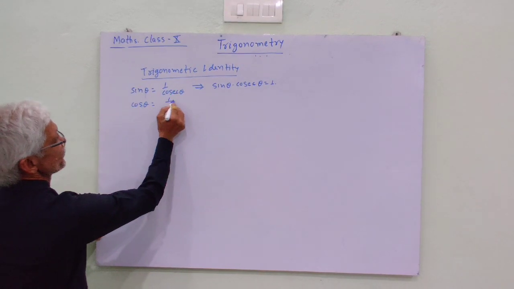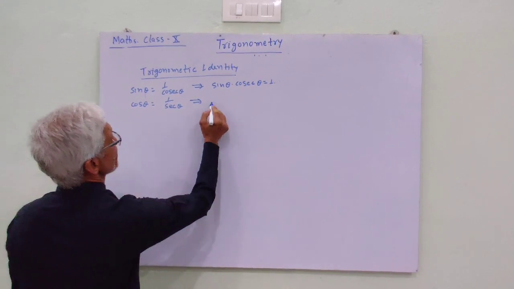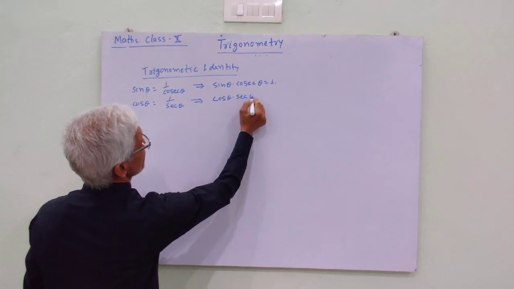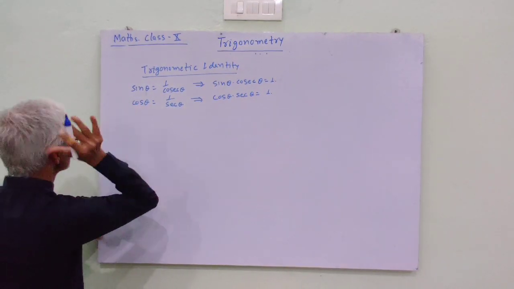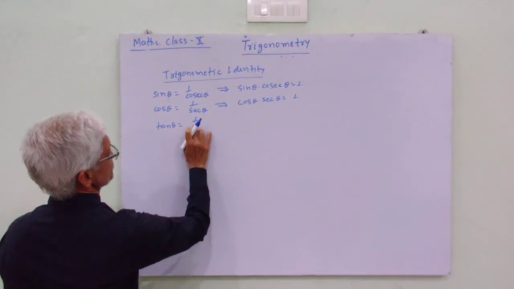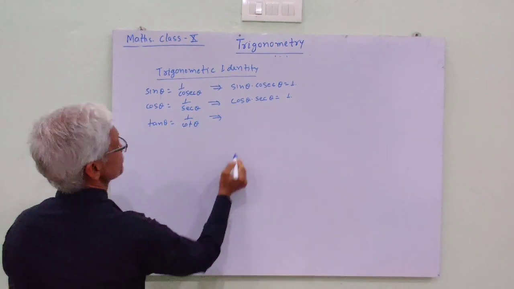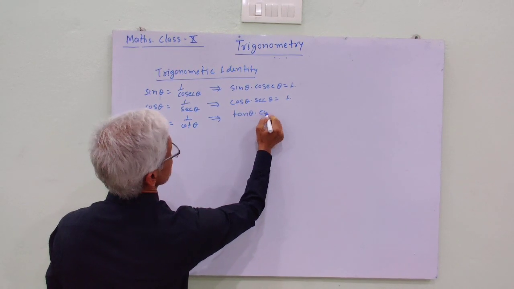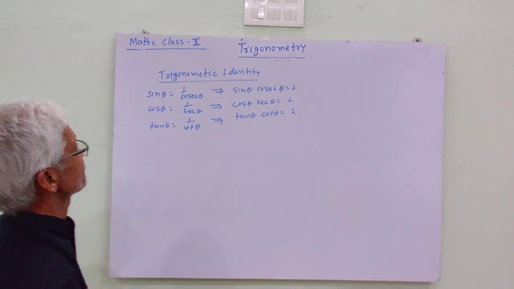Cos theta is equal to 1 by sec theta. These are the identities.